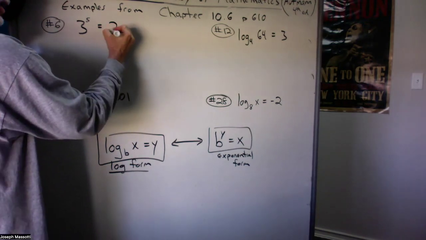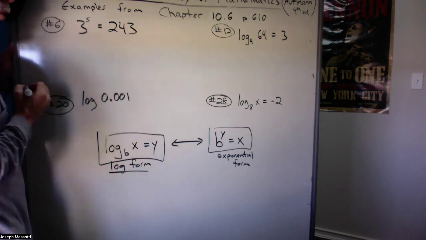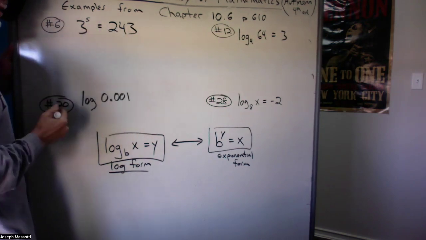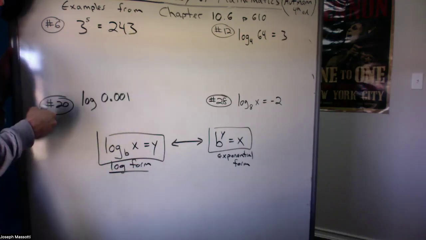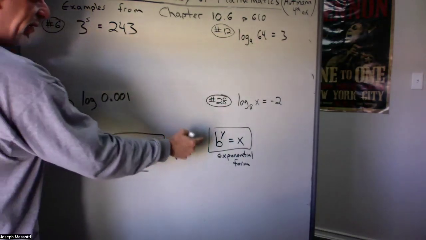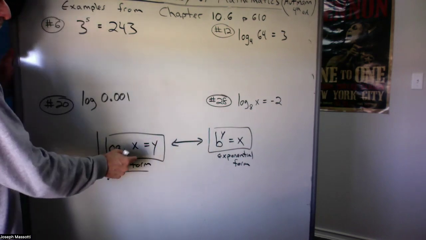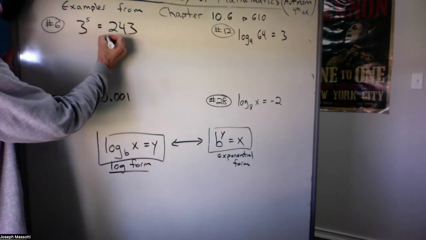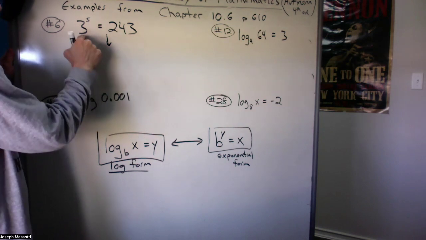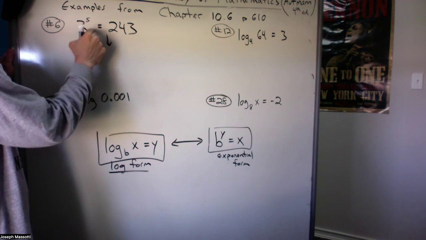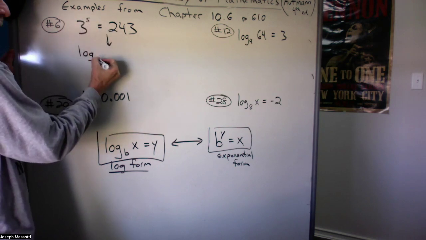This should actually be 243, or 3 to the 6th equaling 729, but we'll keep it like this. So we have been given the exponential form, we just want to change to log form. So all we do is say logarithm, the base is the base of the term here, 3.